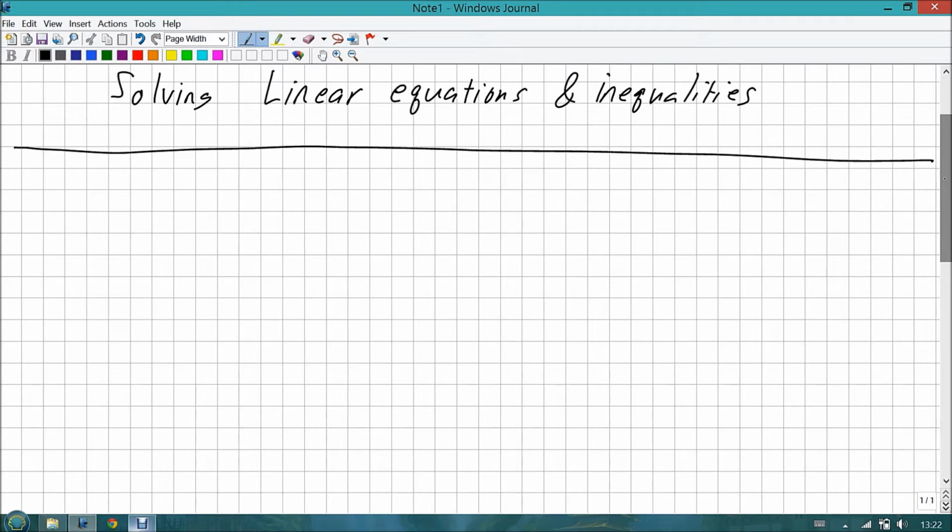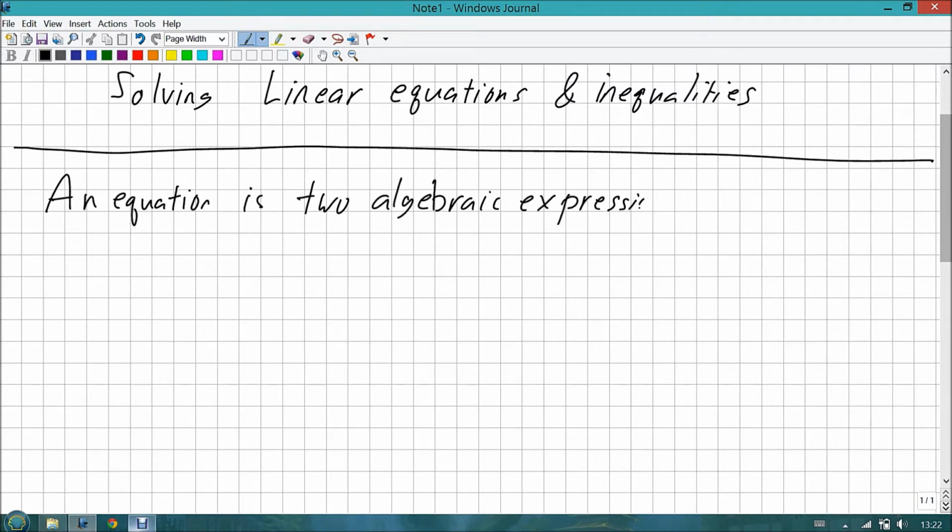So an equation is two algebraic expressions that are compared over an equal sign.